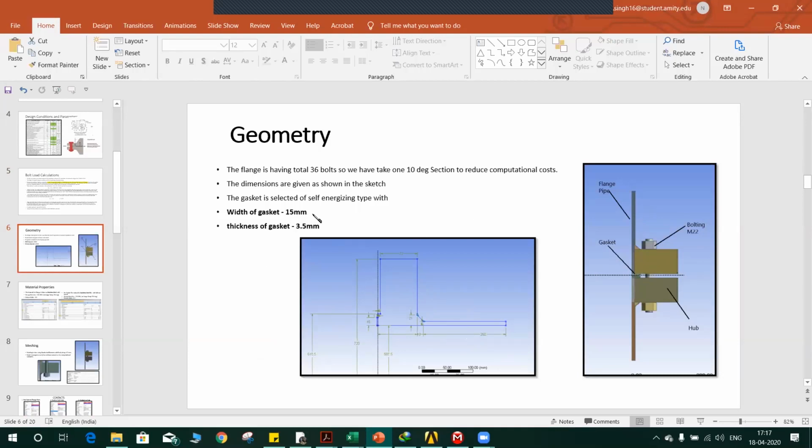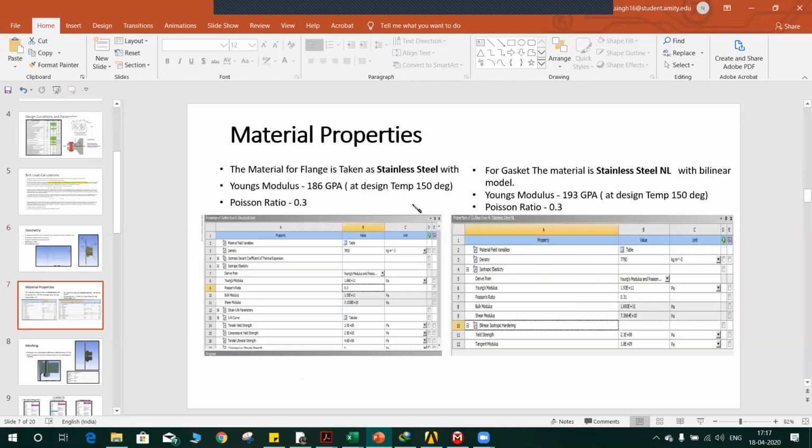The width of the gasket is around 15 mm and the thickness of the gasket is 3.5 mm. The material for the flange portion and hub portion is stainless steel with a 186 gigapascal elastic modulus at design temperature. And for the gasket, I have used stainless steel non-linear material.